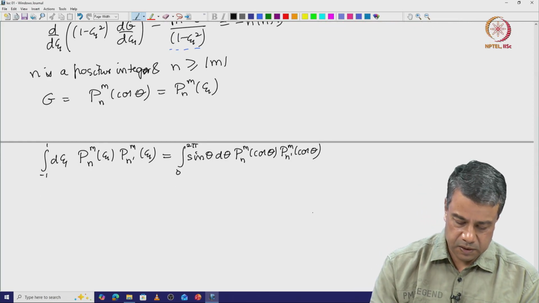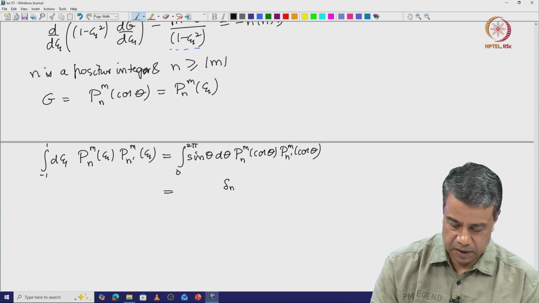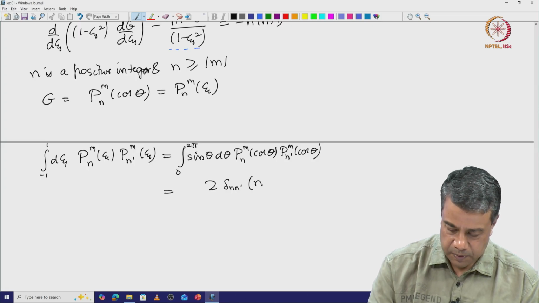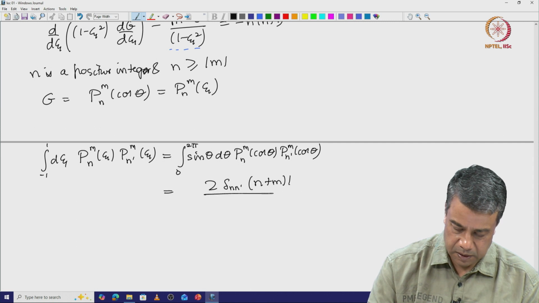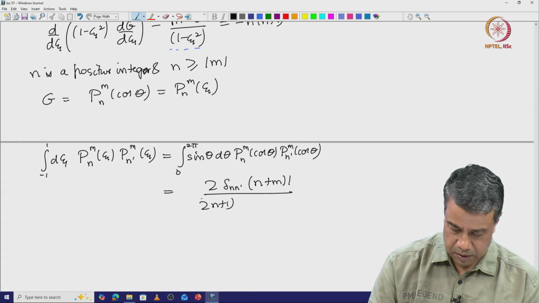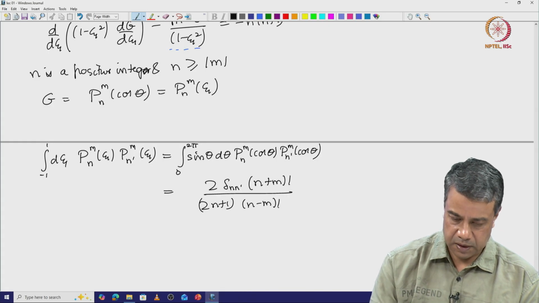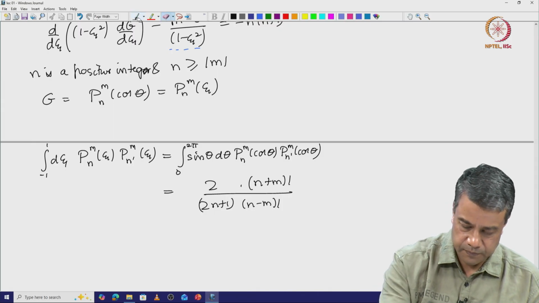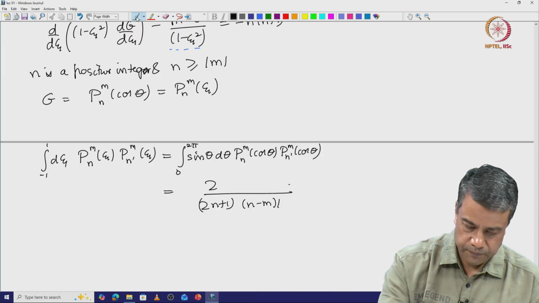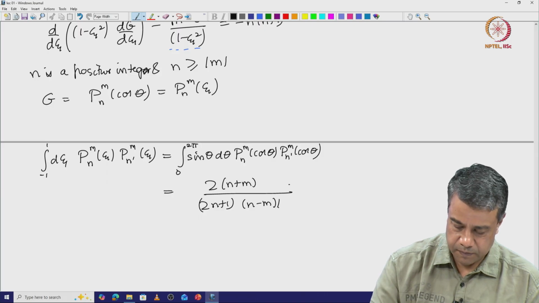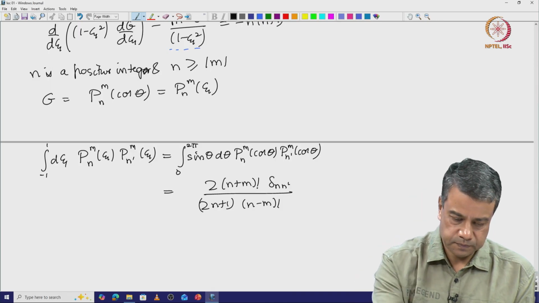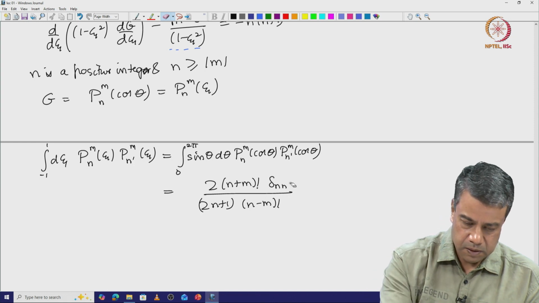This is non-zero only if n and n prime are the same, delta n n prime, into a normalization factor 2 into (n plus m) factorial by (2n plus 1) into (n minus m) factorial.